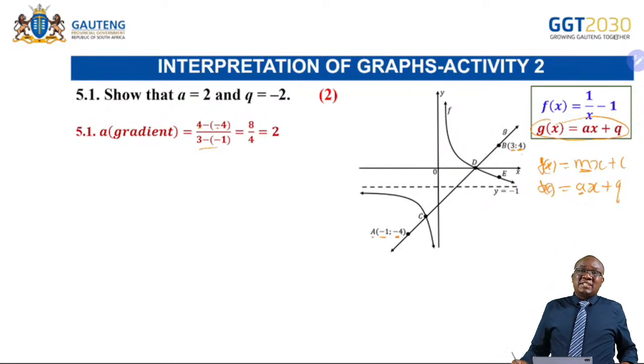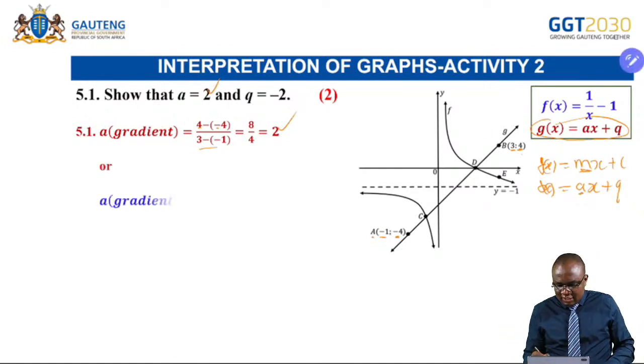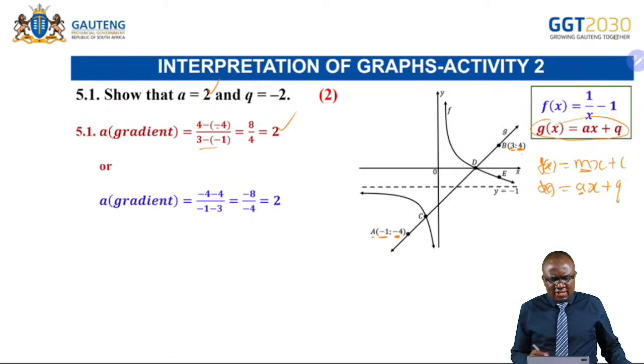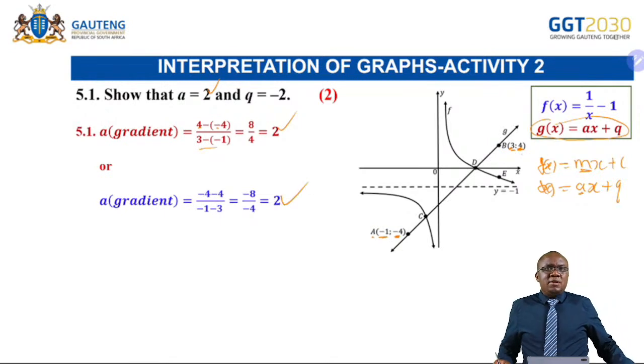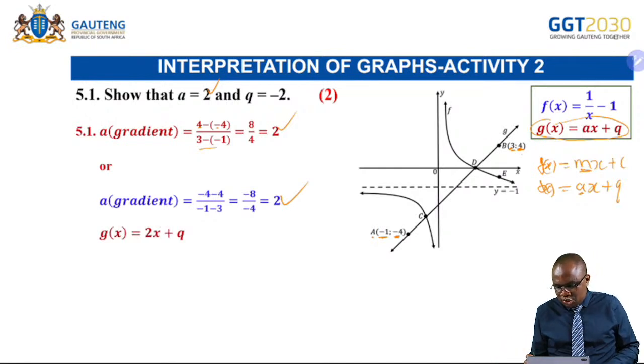Then the gradient is 2. Even if you had said negative 4 minus 4 and then negative 1 minus 3, you're still going to get the same answer. So a is equal to 2, and where there's a, we can put 2 here.